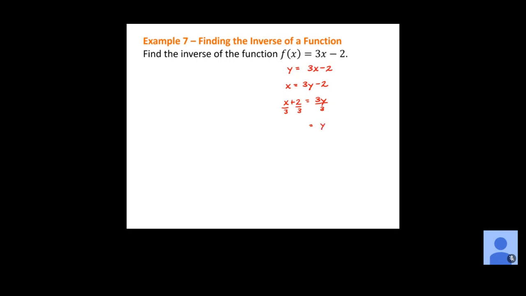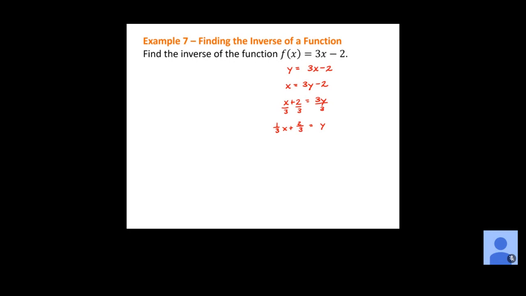And on the other side then, what's that going to leave us with? Okay, so keep in mind, I divided the x by 3 and the 2 by 3. Good, so it's going to be 1/3 x plus 2/3.